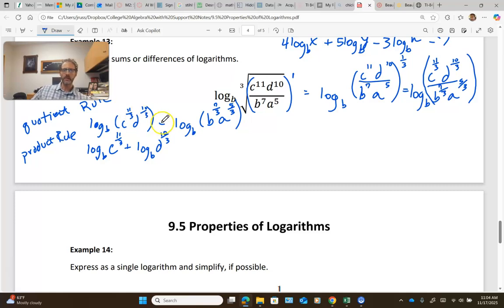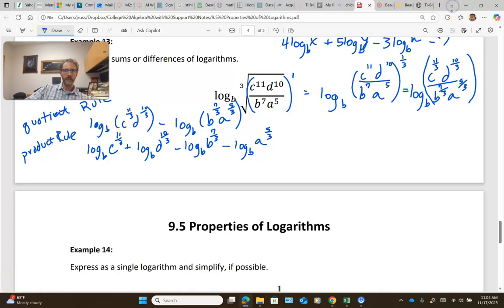And then, guys, when I split this one apart using product rule, I'm going to distribute the negative. So this will become a minus log base b of b to the 7/3, and then that minus will turn this next one into a negative, log base b of a to the 5/3.